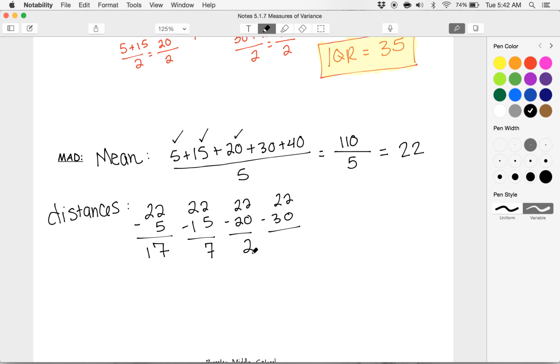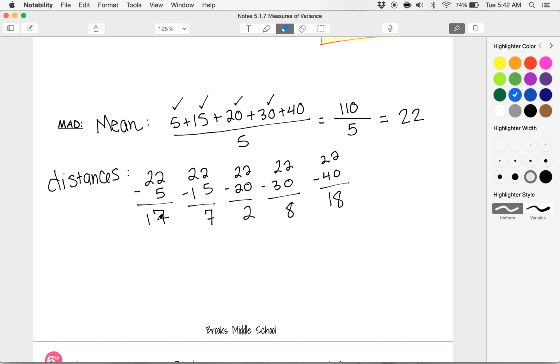Now in this case, I am going to get a negative 8, but that's okay. I'm just going to put the 8. And then 22 minus 40. Also, I'm going to get a negative, but I'm just going to put down 18.